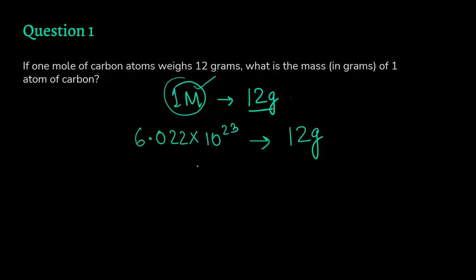You have to calculate the mass of only 1 carbon, so you will do the unitary method. You will divide 12 by the Avogadro constant, and whatever the result is, that would be the desired value for the mass in grams of 1 atom of carbon.